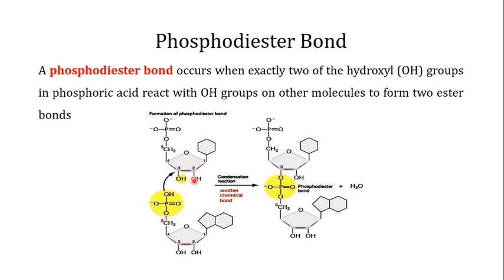If you can see over here, this hydroxyl group is interacting with the 3rd carbon of this sugar, and this one is interacting with the 5th carbon of this sugar. So the sugar of one nucleotide is connected to the sugar of the other nucleotide with the help of this phosphodiester bond.